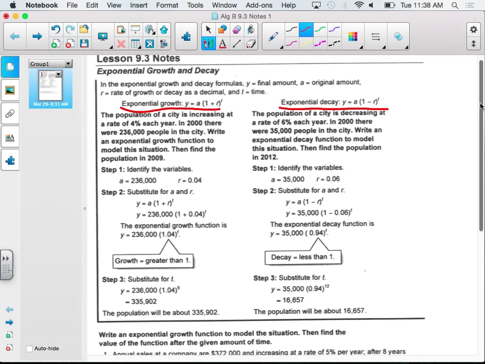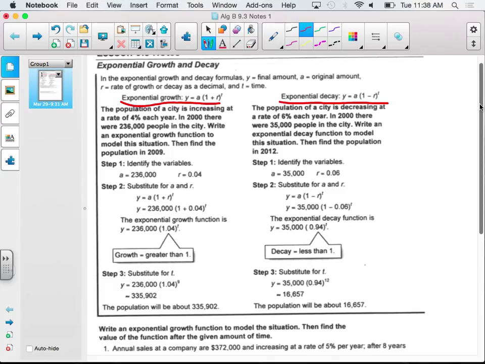All right, so our first little example, it says the population of a city is increasing at a rate of 4% each year. In 2000, there were 236,000 people in the city. So write an exponential growth function to model this situation.